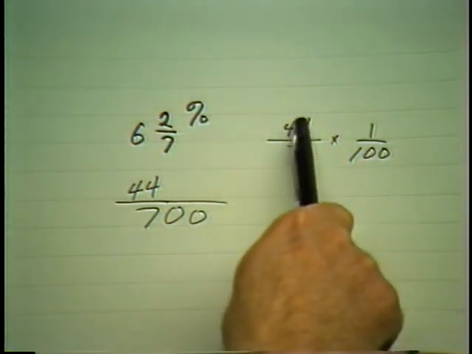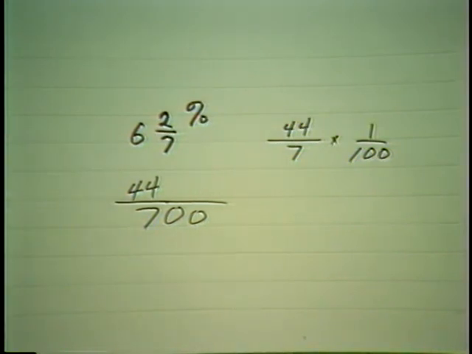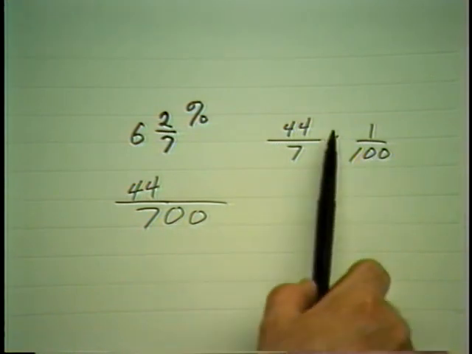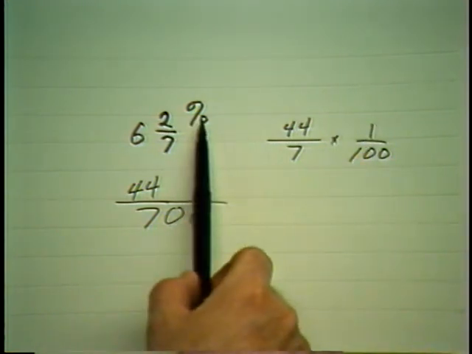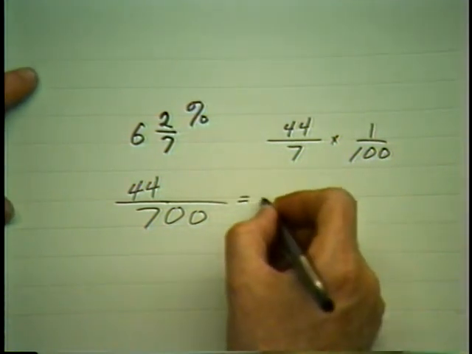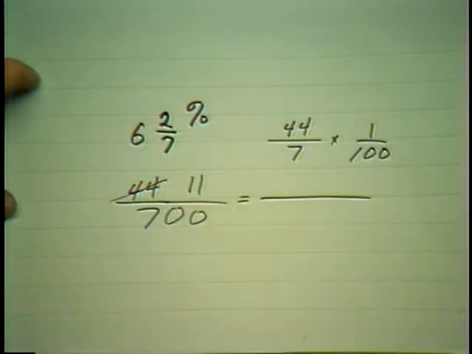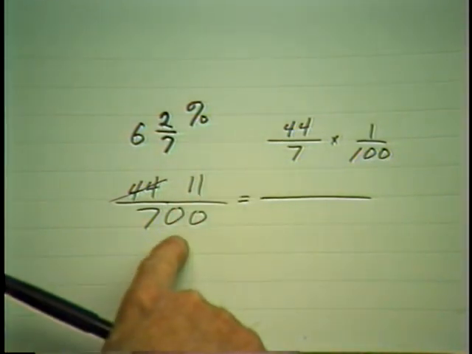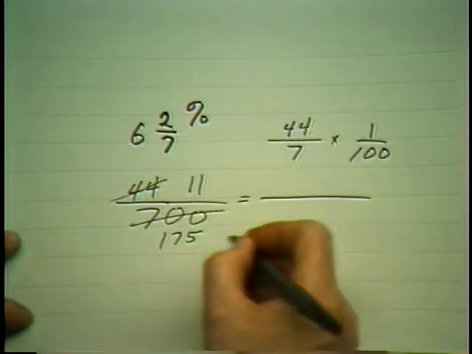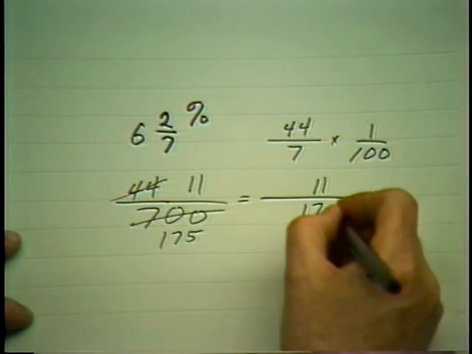And see, this right here is 44 700ths. So you indeed get the same results. This is where the 2 zeros come from. It's from the times 100th, which is what percent means. And then, of course, reduce. 4 goes into 44 11 times, and 4 goes into 700 175 times. So my reduced fraction is 11 175ths.